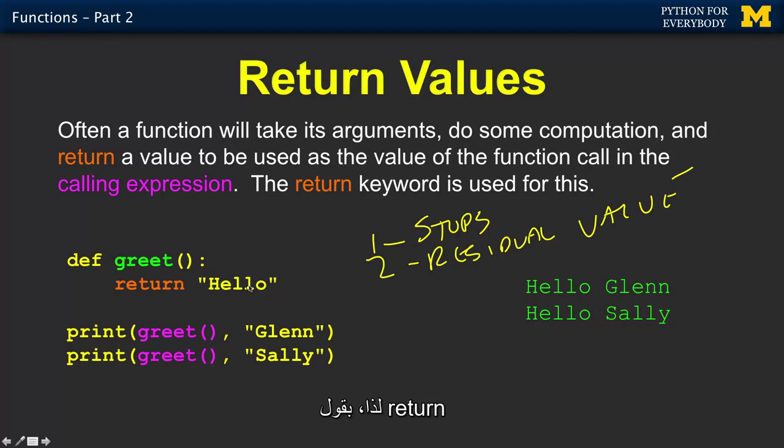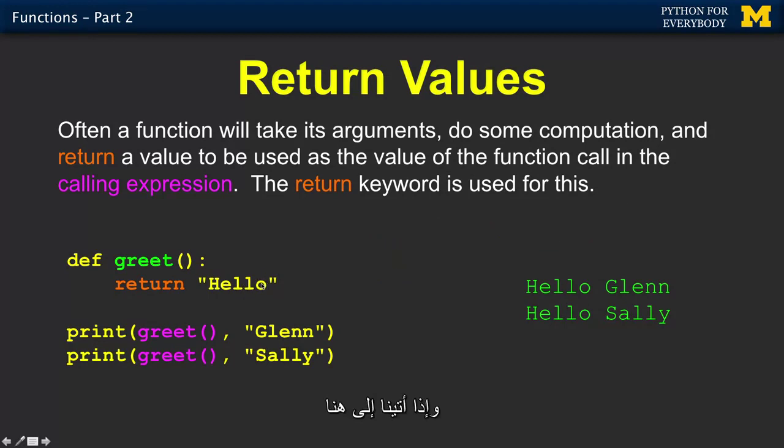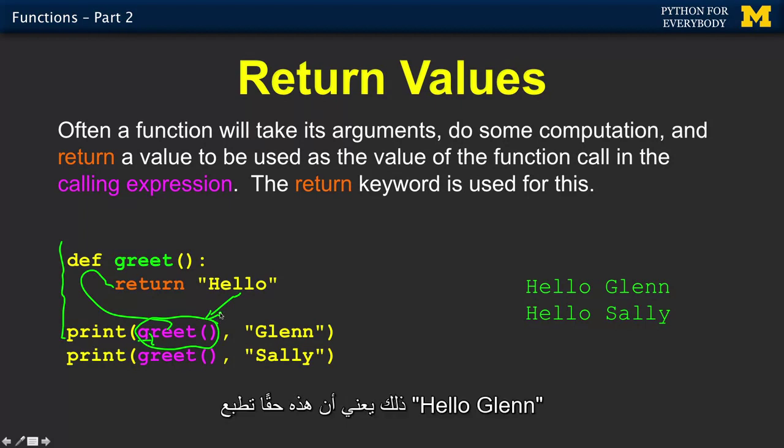So, by saying return, if we come in here, and so we do this, then we're in the middle of this print statement, so it sort of pauses here, and then it runs this code, and then the return says, oh, this little bit that was the function, send that back right there. So that means that this is really print hello Glenn, which prints out hello Glenn.